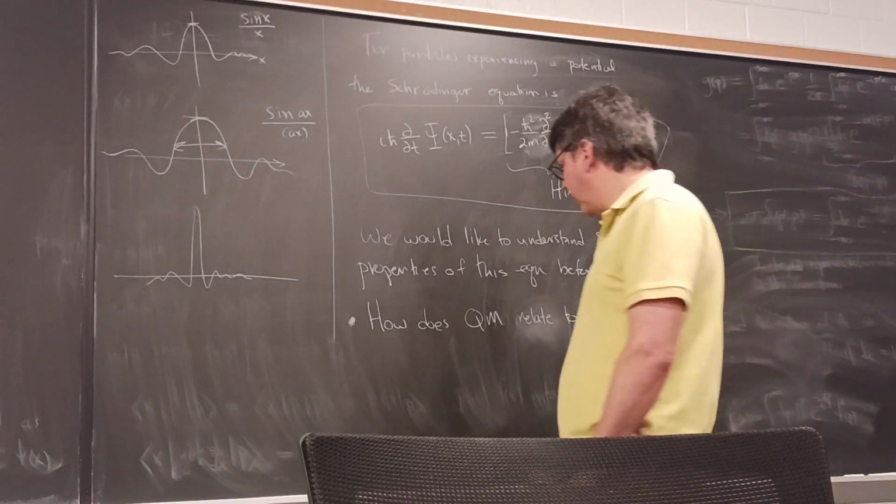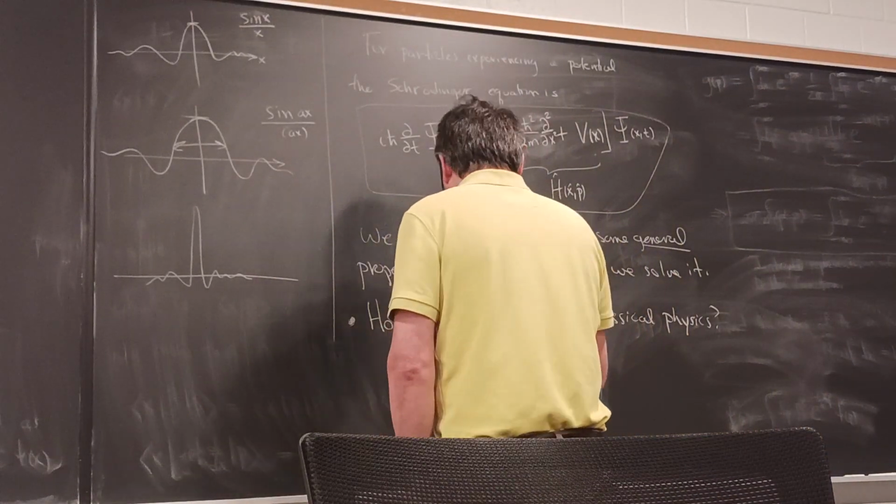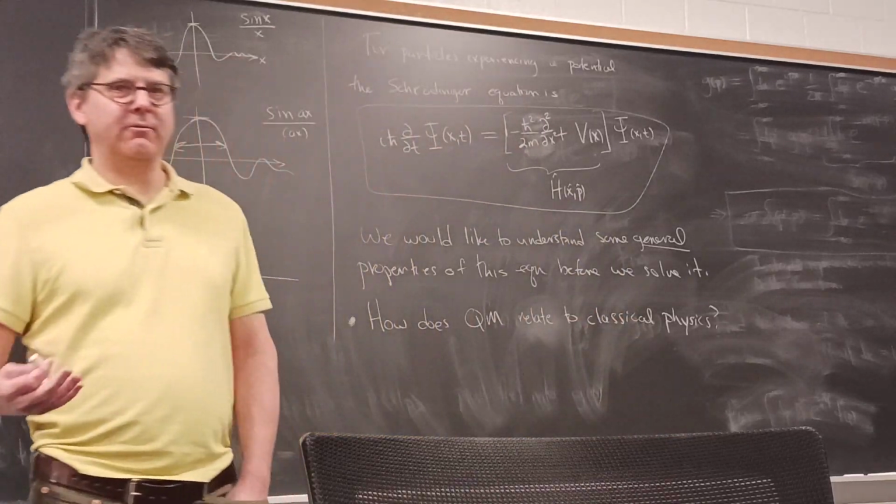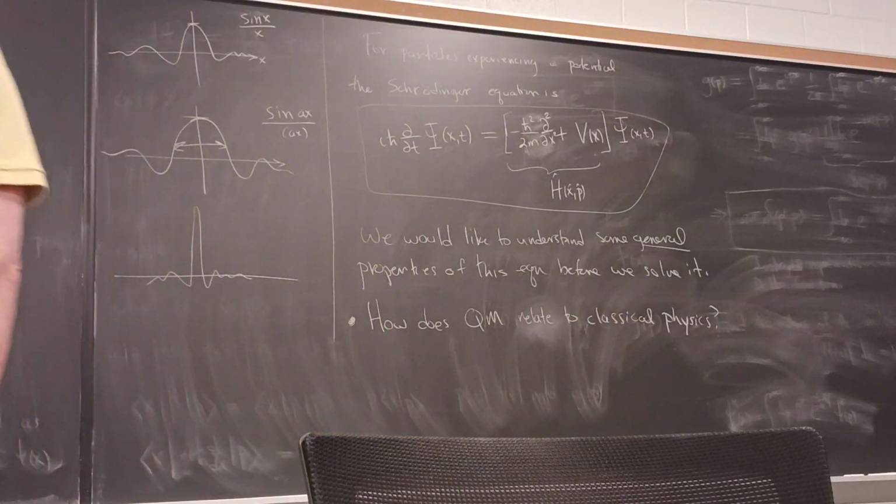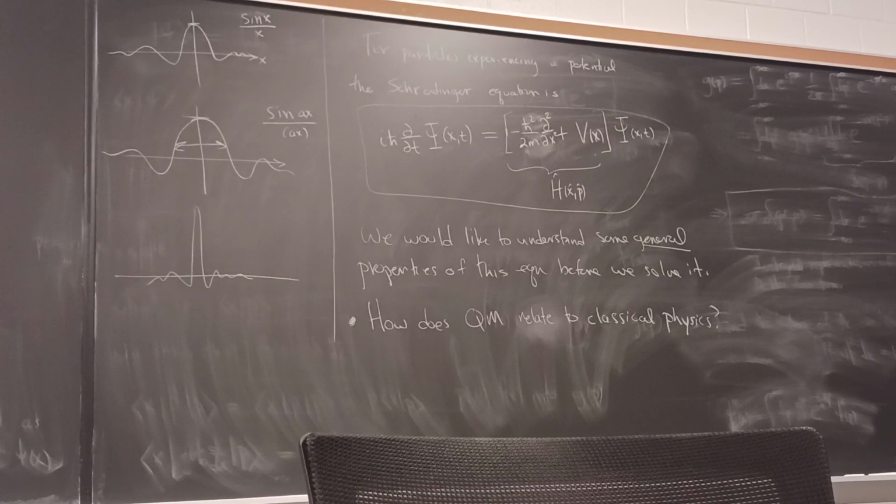What is it that we want to understand from classical behavior? What's the first thing you would think about if you were trying to compare quantum mechanics to classical physics? In classical physics, energy levels are continuous; the energy of a system can take on any value. Sure. But what about just particle motion?